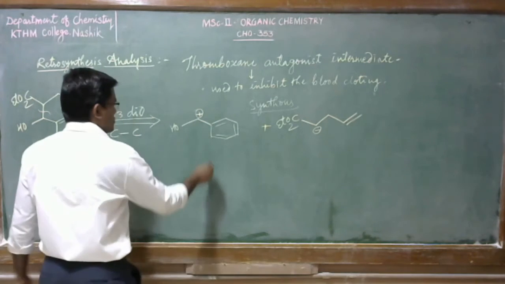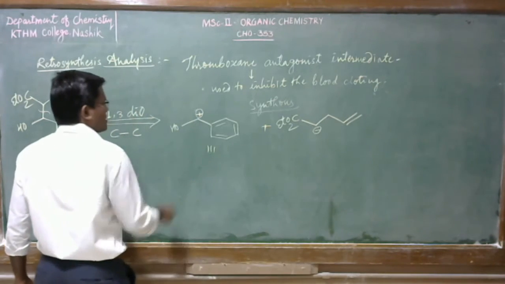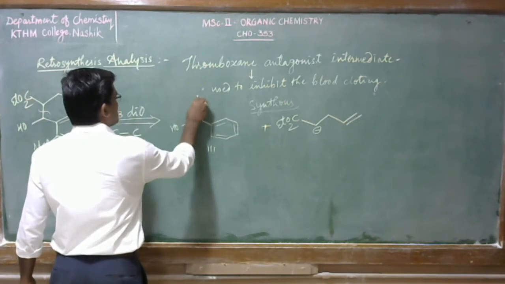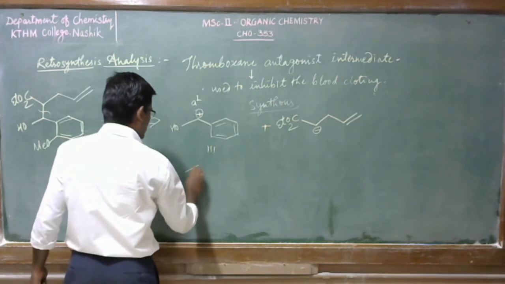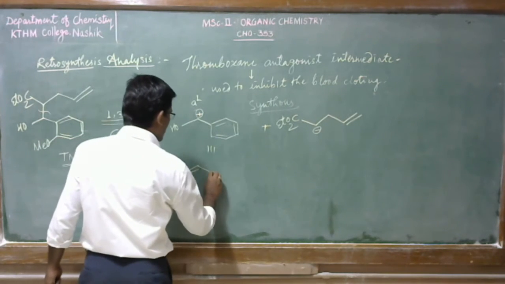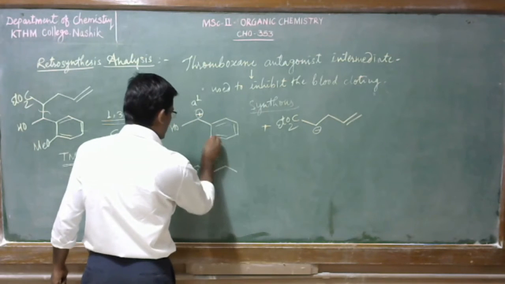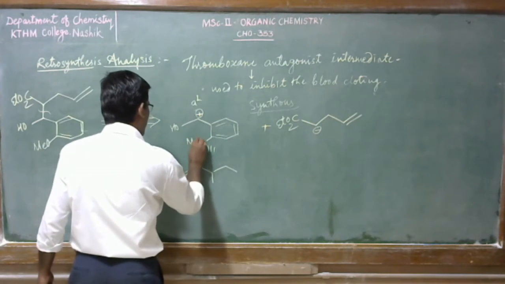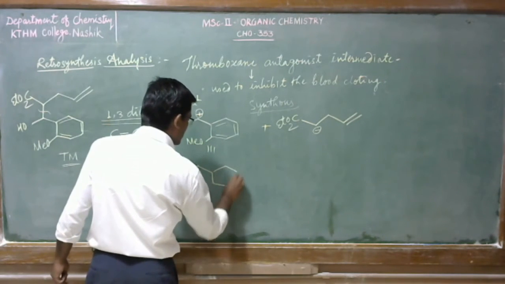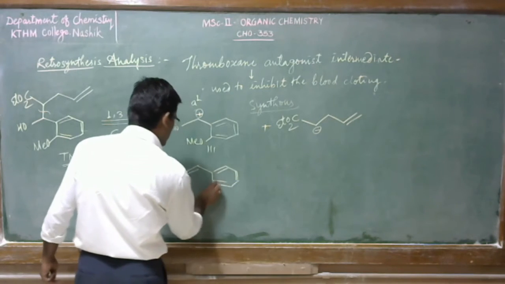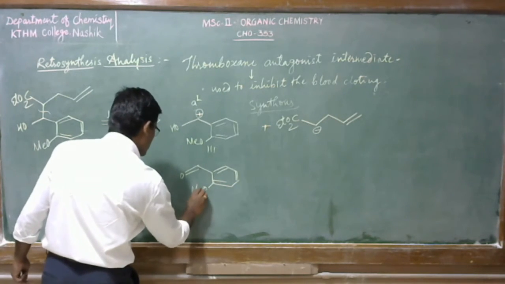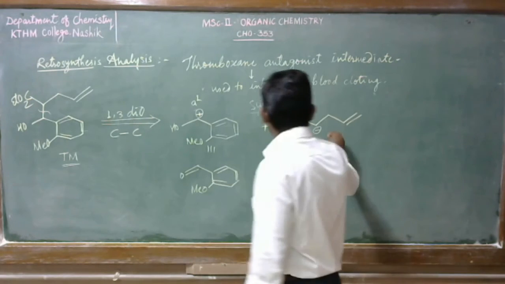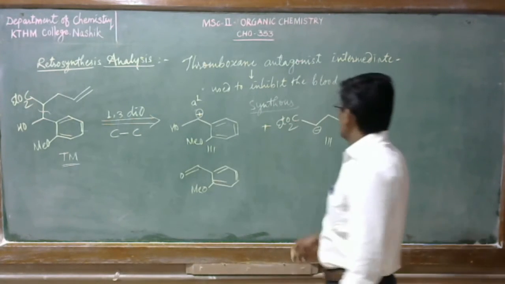So this is the A1 synthon. It corresponds to its carbonyl compound, so we would have this aldehyde. And this corresponds to this kind of enolate, which we have seen.